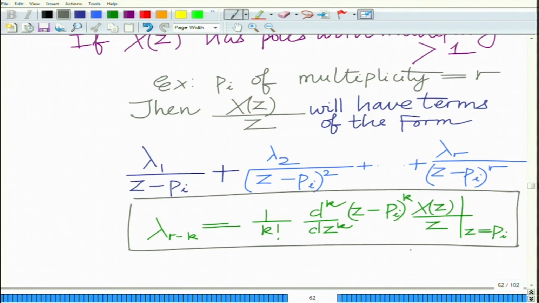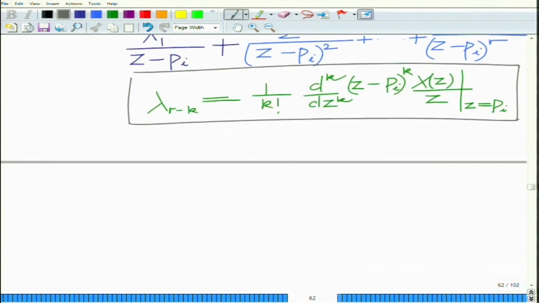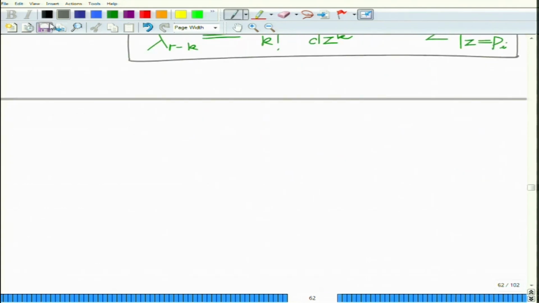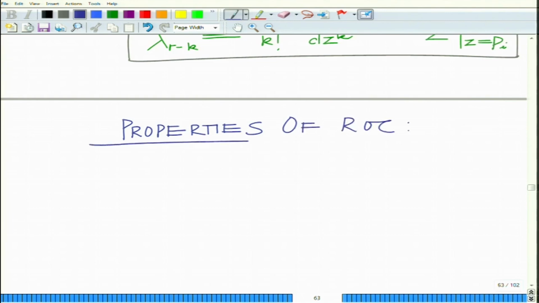Okay. And from this once again one can find the inverse z transform of the given function. Let us now look at the properties of the region of convergence, the properties of the ROC. The properties of the ROC are as follows.